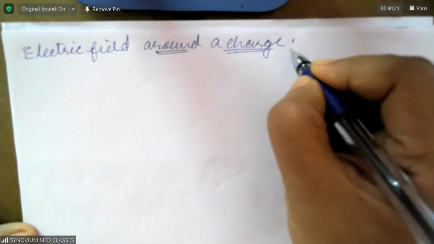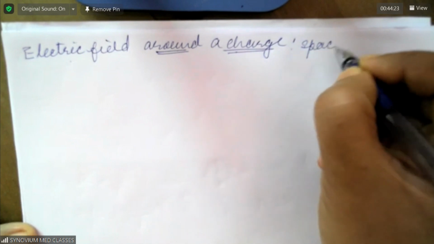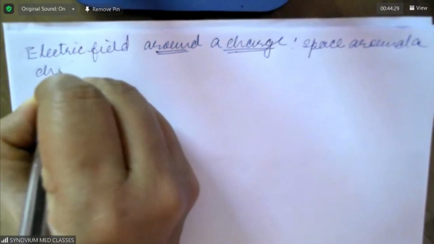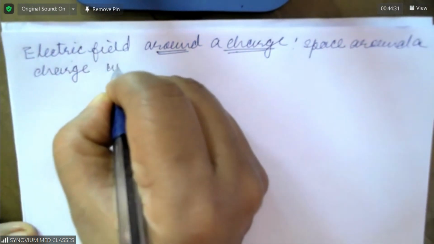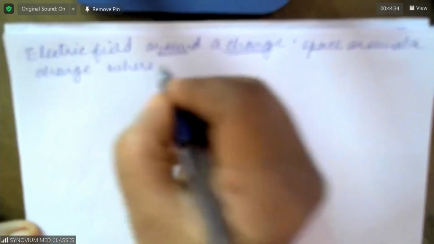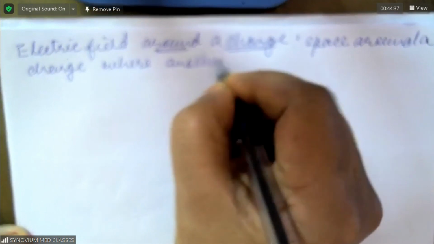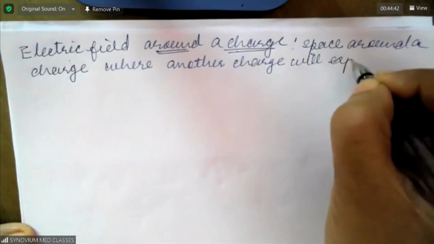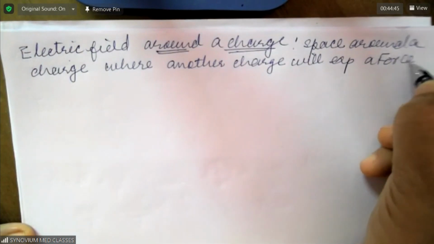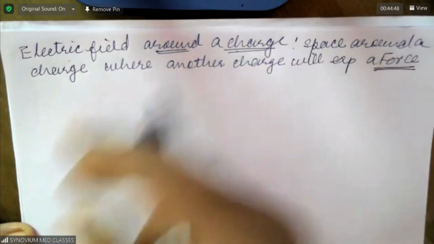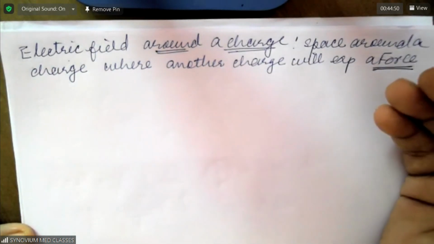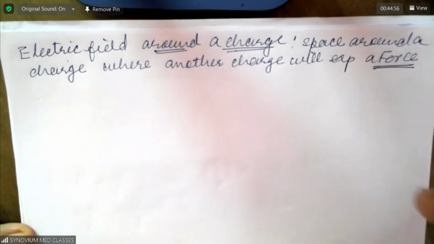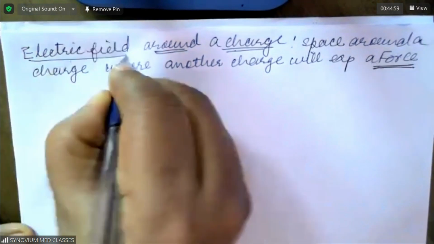It is the space around a charge where, what is the condition? Another charge will experience a force. If you place a second charge in that vicinity, will it experience a force or not? However big or small the force is, will it experience it or not? That is called the electric field.